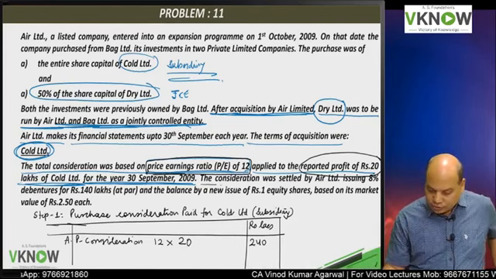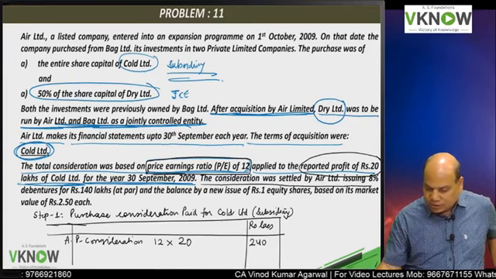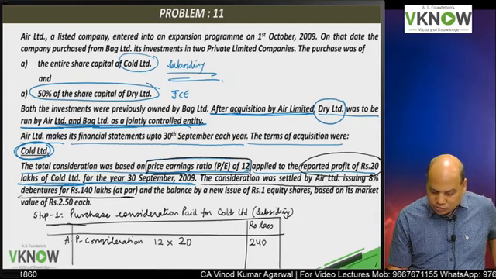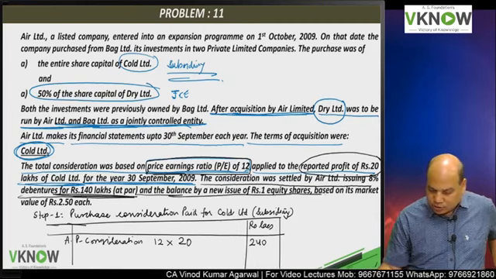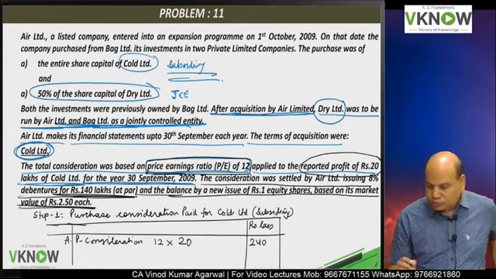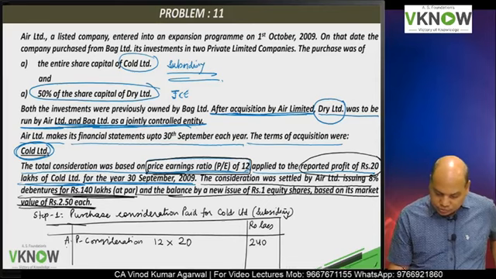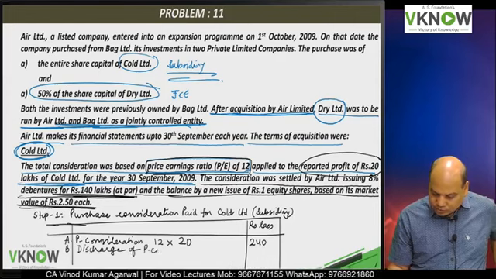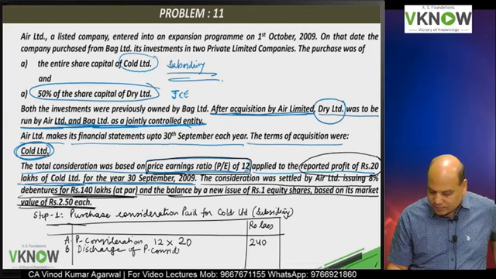240 lakh. The consideration was settled by Air Limited by issuing 8% debentures for 140 lakh at par and the balance by issue of equity shares of one rupee each, based on its market value of 2.50 each. So point number B, write down discharge of purchase consideration.